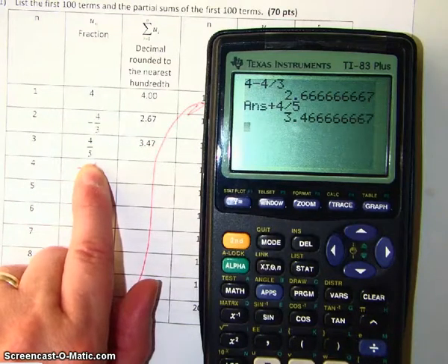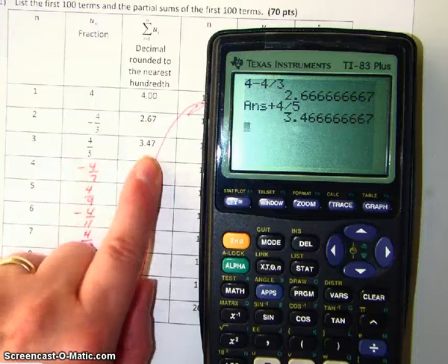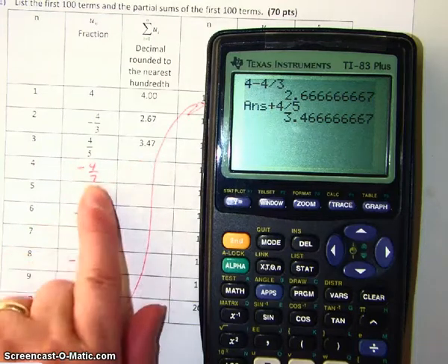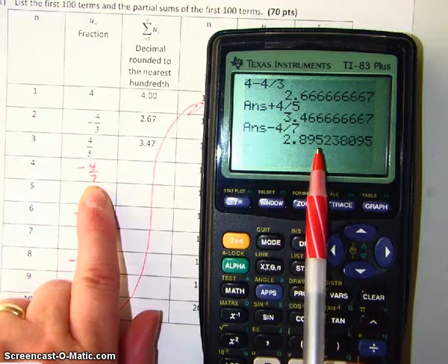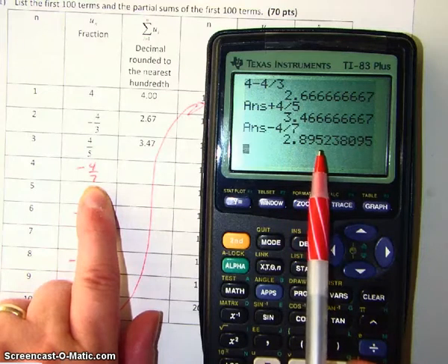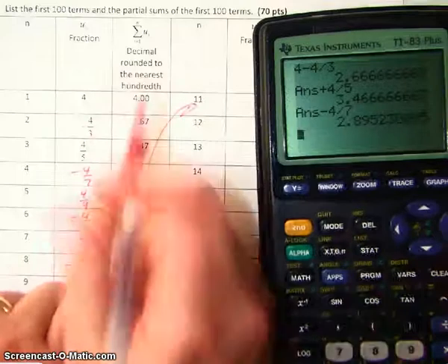And rounding to the nearest hundredth, that's 3.47. The next one is subtract 4/7. Rounding to the nearest hundredth, 2.89, the next digit's a 5, so I'm going to round that up to 2.90.